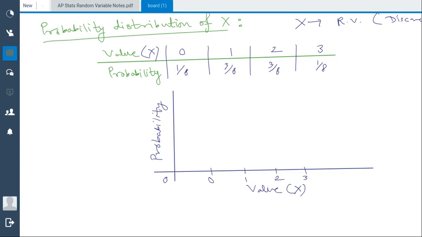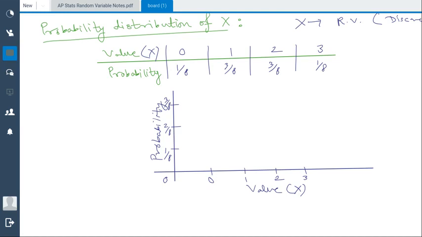There is no gap between them. You must have studied this in your previous classes. So I'm writing, this is 1 by 8, this is 2 by 8 probability, and this is 3 by 8 probability.